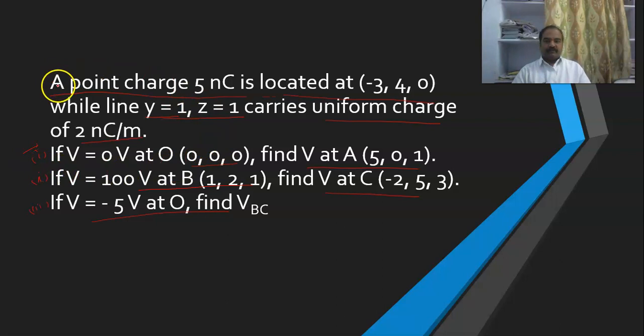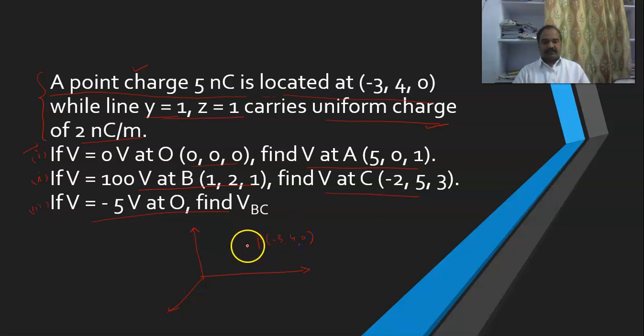Now, if you see the question, there is a point charge and also there is a line charge, which means that if we consider an XYZ system, there is a point charge at (-3, 4, 0), which means that there is some point P at (-3, 4, 0).